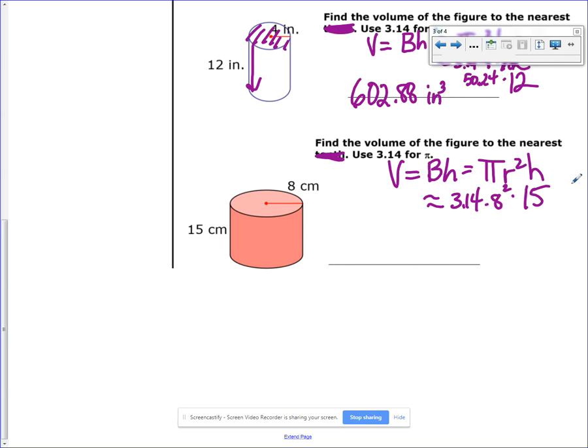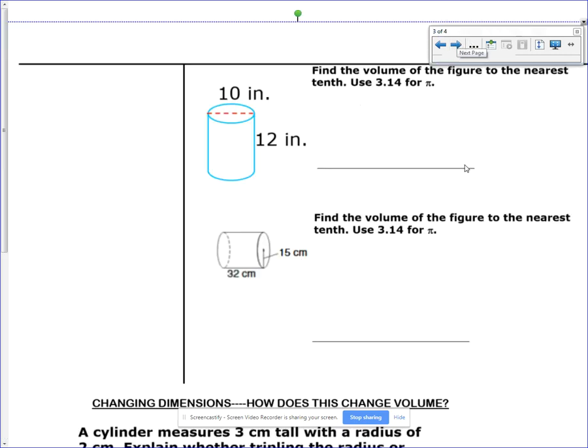When I do just the area of the base, you get 200.96. Okay, so that's this part. That's the area of the base times the height of 15, and you get over 3,000. Holy cow. And that's cubic centimeters. Did we match? Cool. Let's keep going.